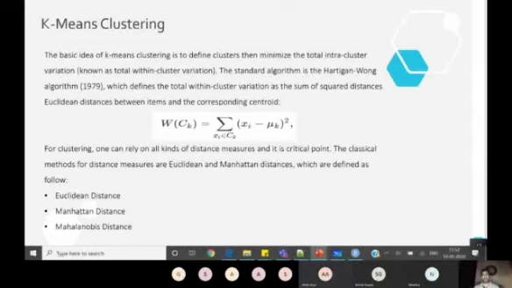RFM is a kind of segmentation which gives a sense of recency, frequency, and monetary value. So most recent transaction, then frequent transactions, and the monetary aspect. Who would be your most valuable, best customers? How would you define those customers?